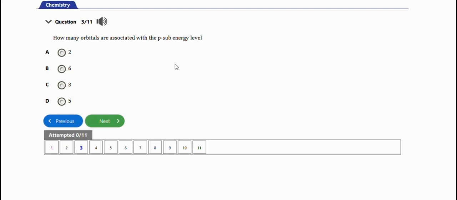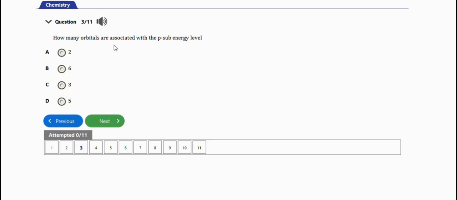The f sub energy level has 7 orbitals that are filled up with 14 electrons. The s has 1 orbital that is filled up with 2 electrons.